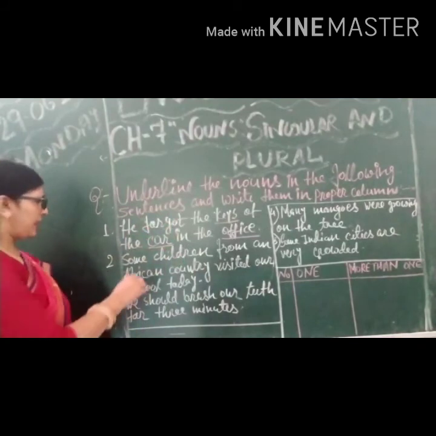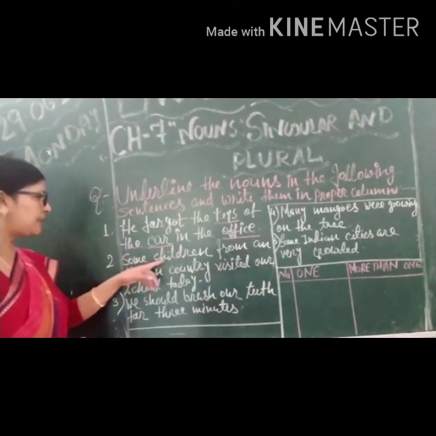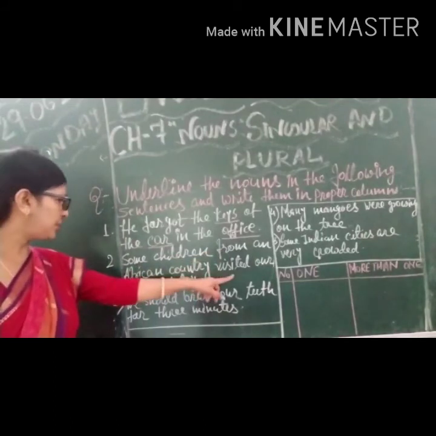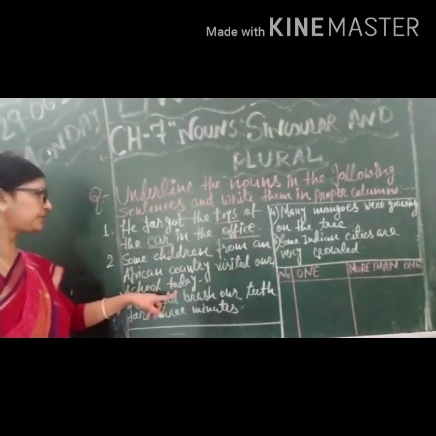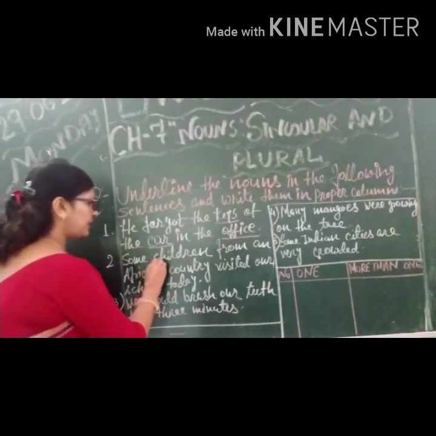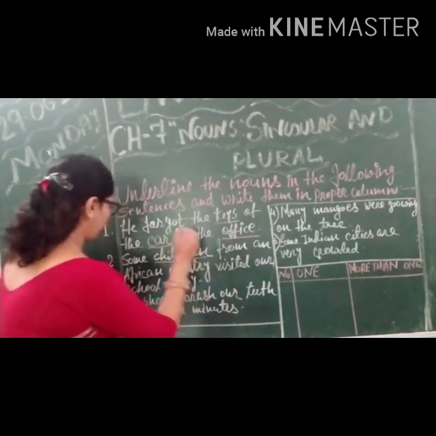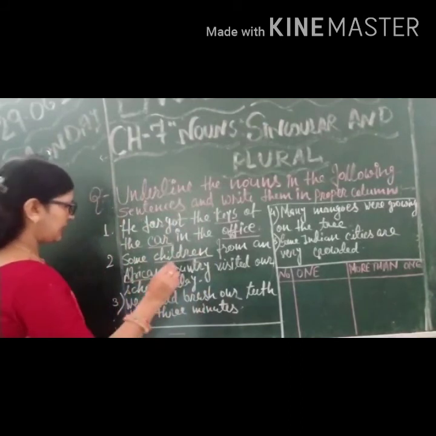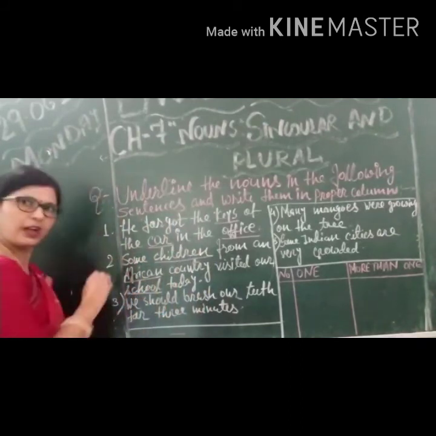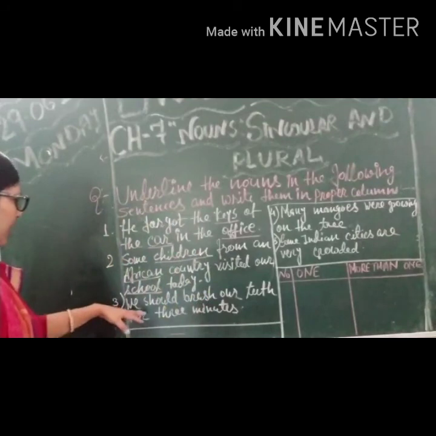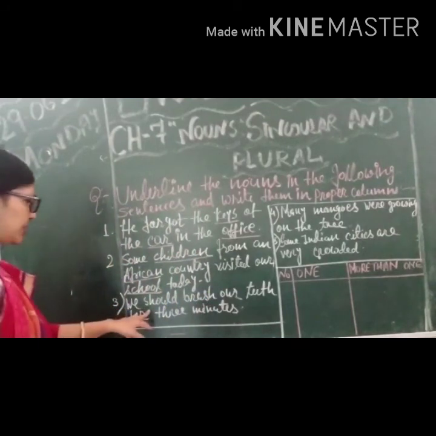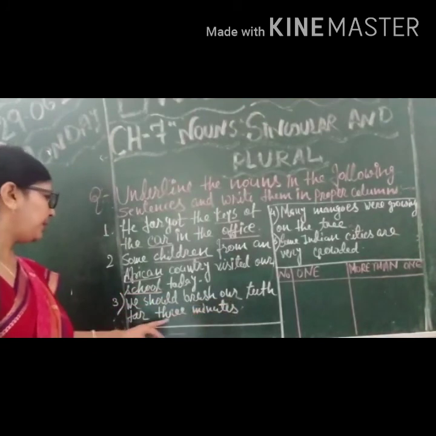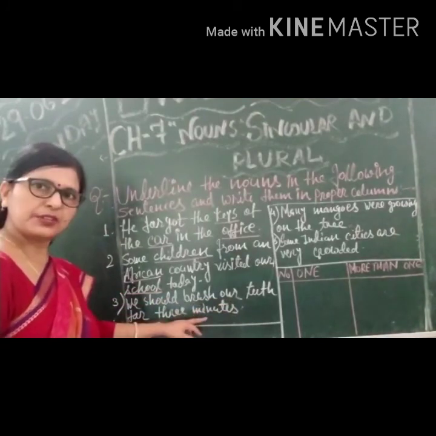Okay, now the second sentence: Some children from an African country visited our school today. Here also children is a noun, African is also a noun, and then school is also a noun. Now in the third sentence: We should brush our teeth for 3 minutes.